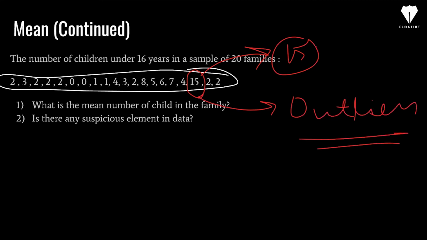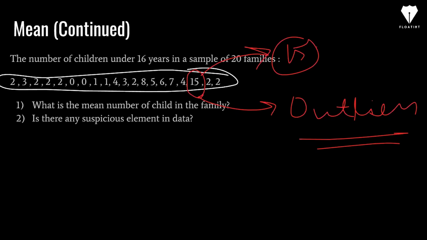We will see the theoretical definition of outliers further down the course. You can think of them as elements which are not following the pattern of your original data set. They are very deviant from the values of the original data set.